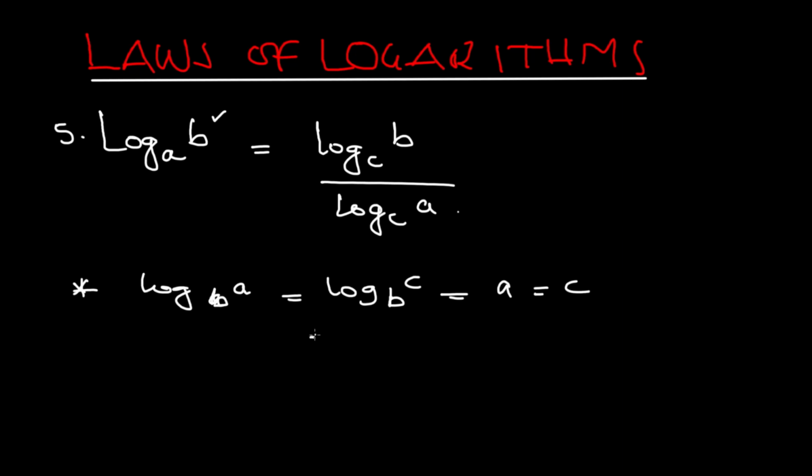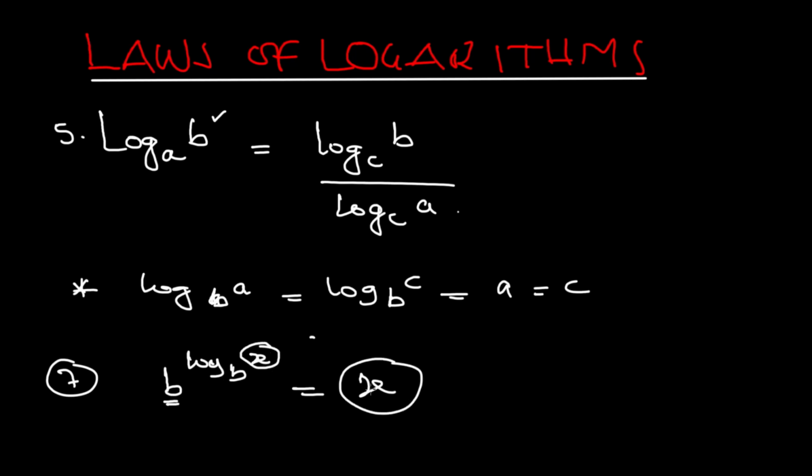Then let's take this as rule number 7. If we had b raised to log base b of x, this gives us x. So log base b of b to the x, this becomes your whole value this side.